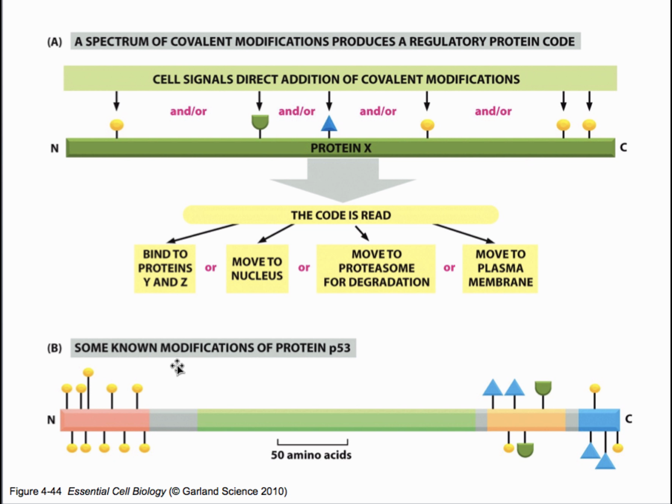Panel B gives us a real example of such modifications with a protein known as p53. p53 is very important in the cell cycle when the cell is trying to divide. It regulates the behavior of that cycle by determining whether and if different phases can proceed.